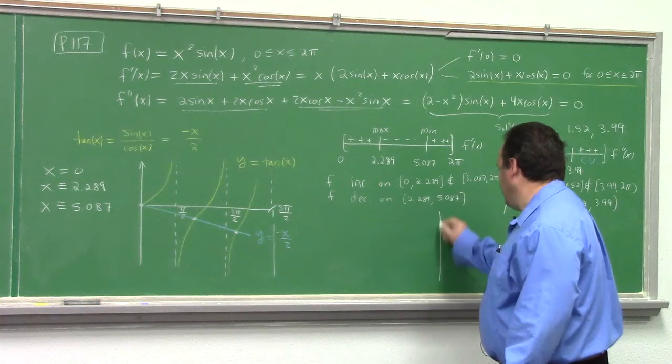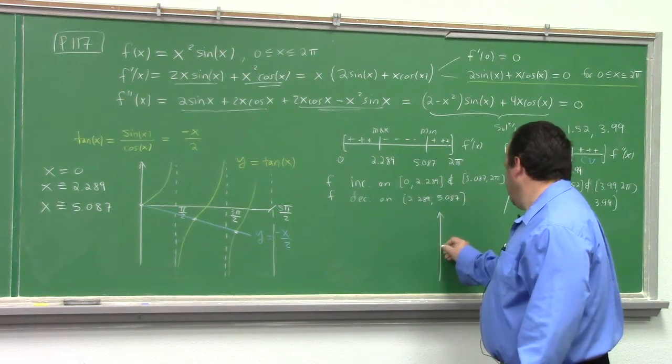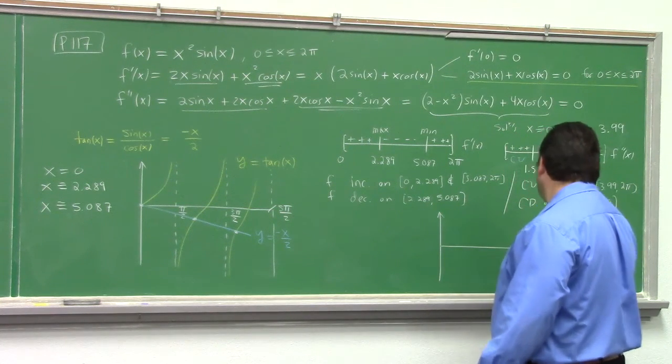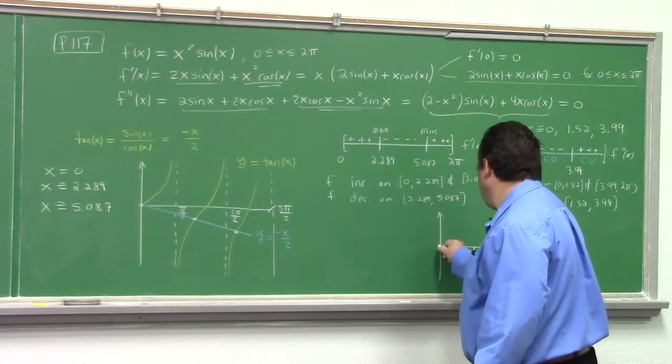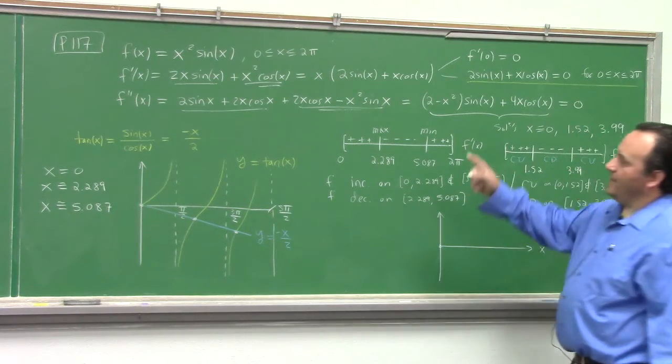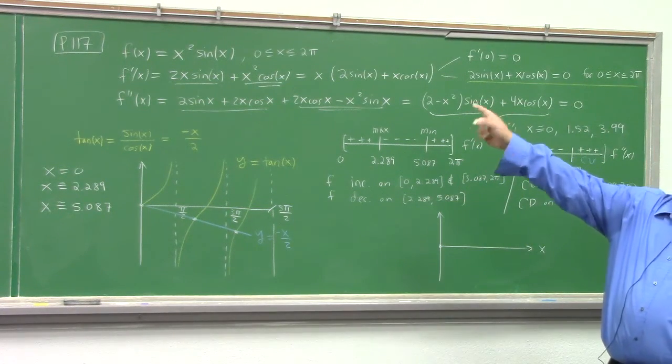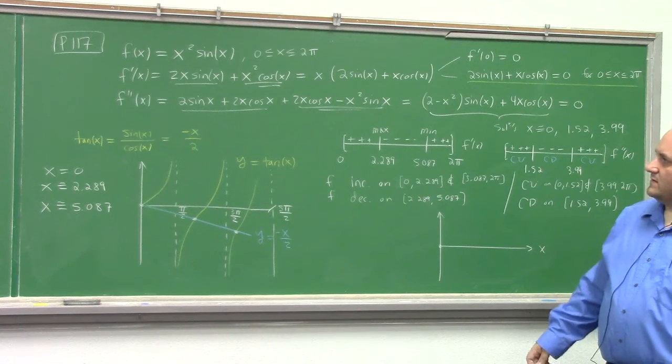But anyway, what does the graph look like? Well, we've got, oh, also, is this thing 0 anywhere? It's 0 at 0, right? It's also 0 when sine is 0. Is sine 0 anywhere between 0 and 2 pi?